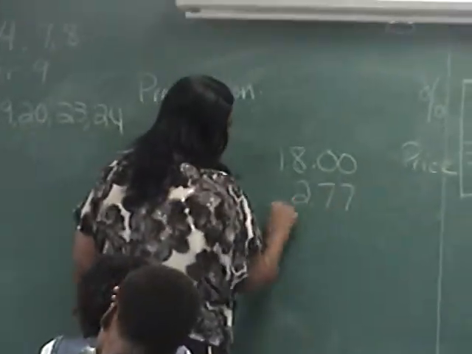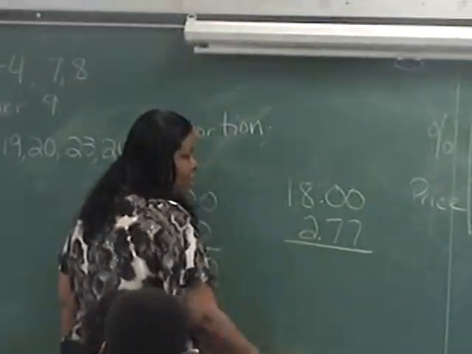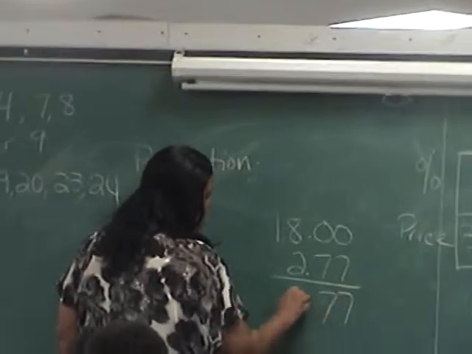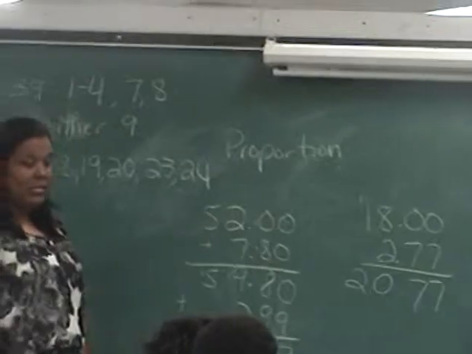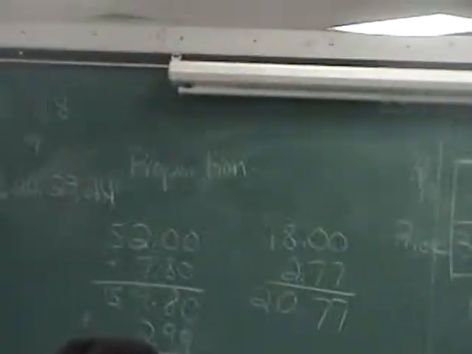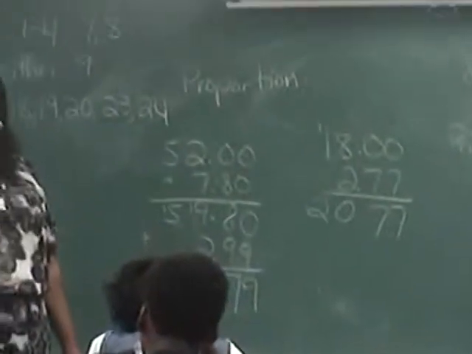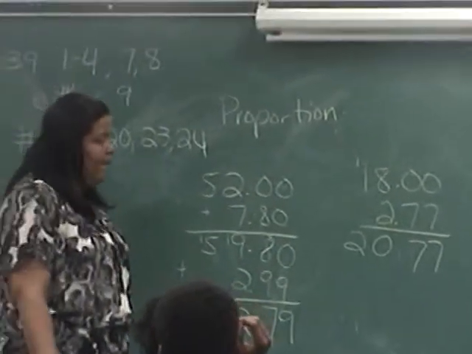Okay, add this up. $20.77 times your 5%. Go ahead and do it.